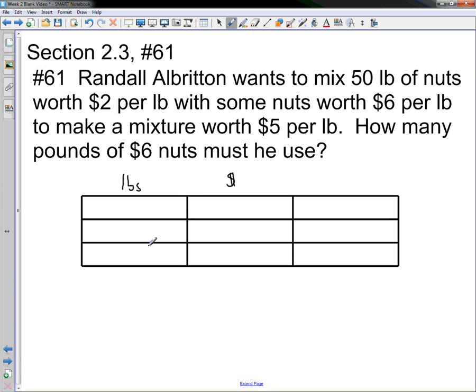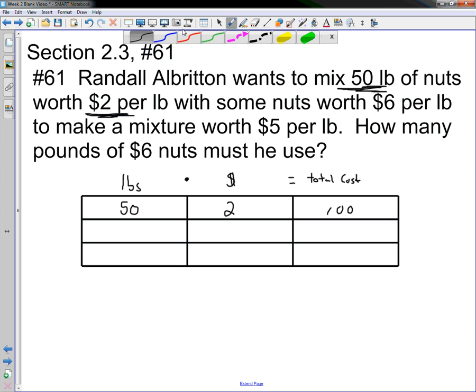Now, what ends up happening is if we had 50 pounds of the first mixture and it was worth $2 per pound, well, when I multiply these two, that should give me the total cost for just that mixture. Okay, so we're dealing with the first mixture. We have 50 pounds. It's worth $2 per pound. So if we take 50 times 2, that's $100.